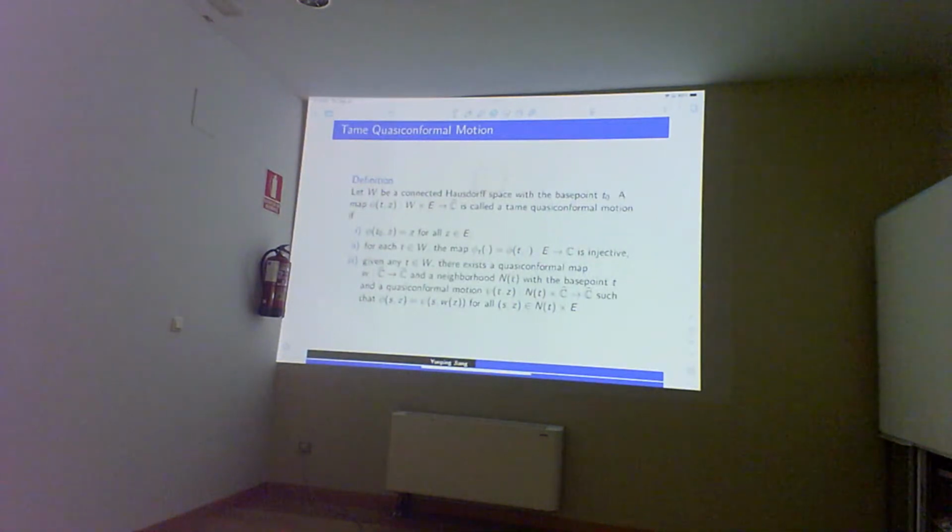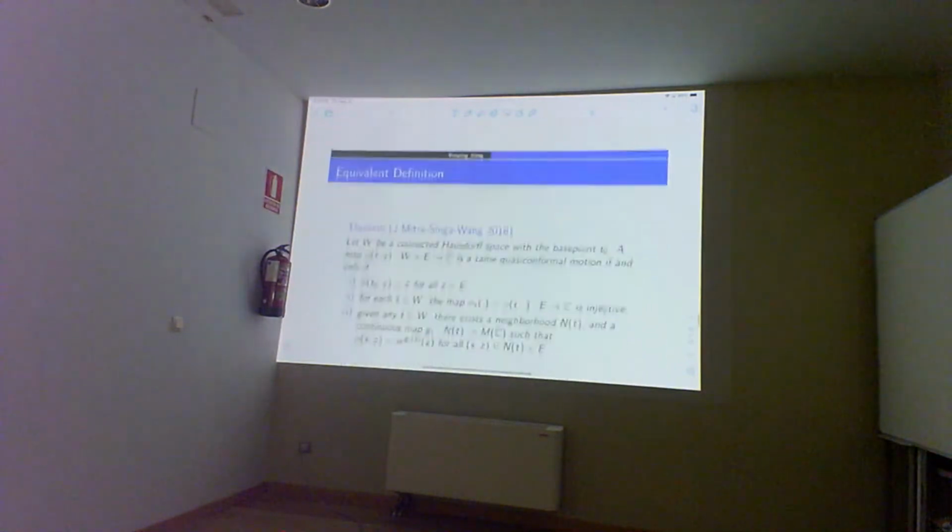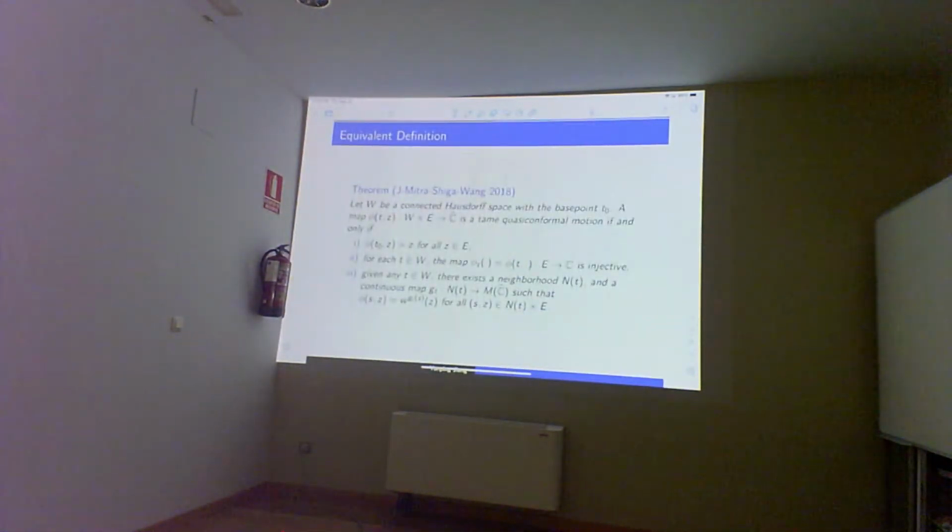So that means you have a quasi-conformal map psi from the neighborhood cross C hat such that phi_s(z) equals psi_s(z) for all s. That actually eliminates these very complicated limit points. That means at every limit point you basically have some kind of regularity. So it turns out this definition is actually equivalent to our original definition. Our original definition was too strict, right?